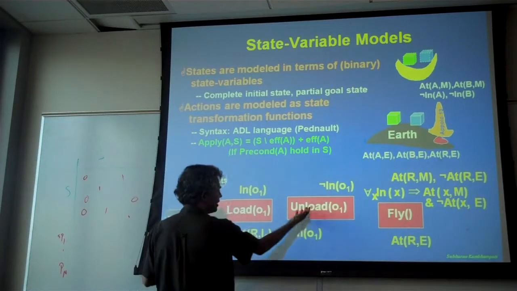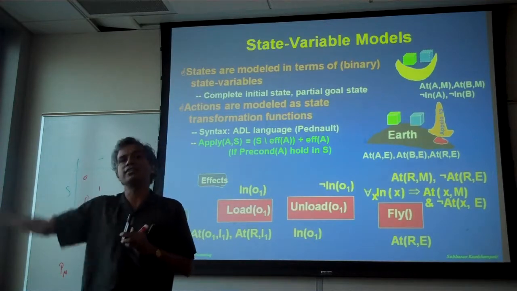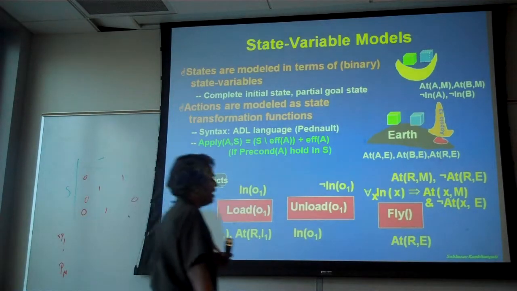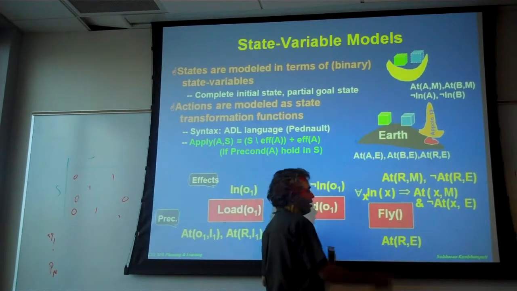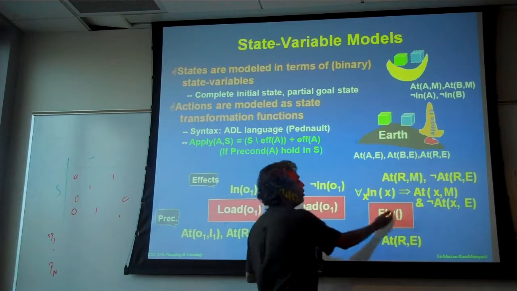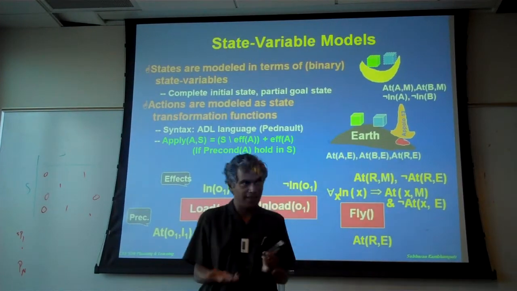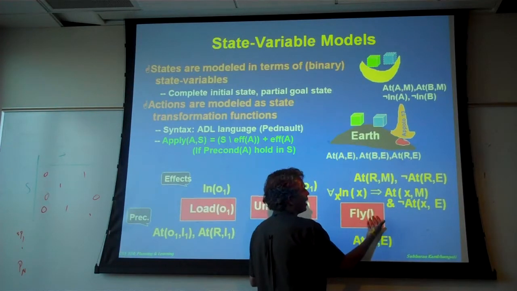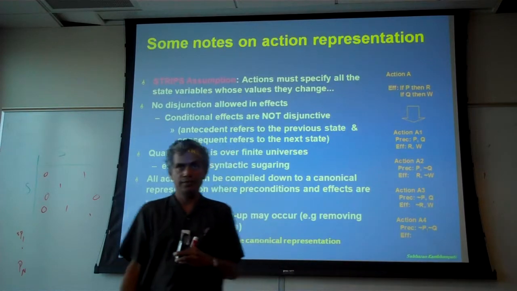And then unload only requires that it's inside the rocket, in which case it's no longer inside the rocket. Then fly is an interesting scenario. Since this is a one-way rocket, it can only be flown if you are on the Earth. And if you are on the Earth and you fly, then you are no longer on the Earth and you are on the Moon.